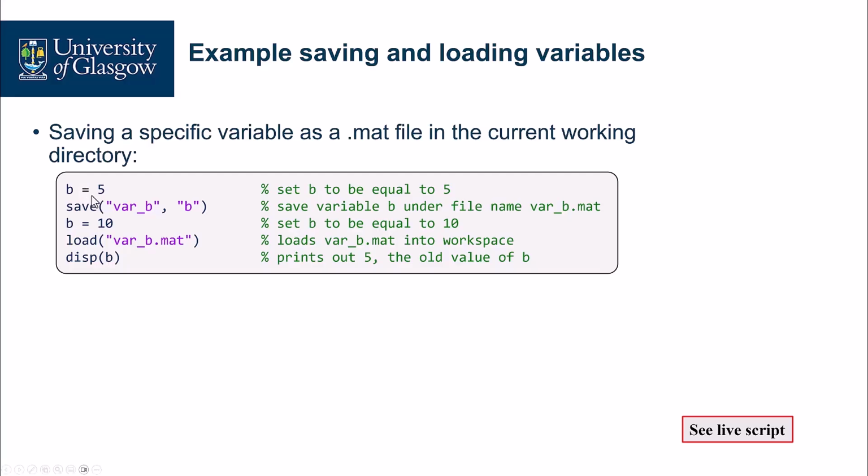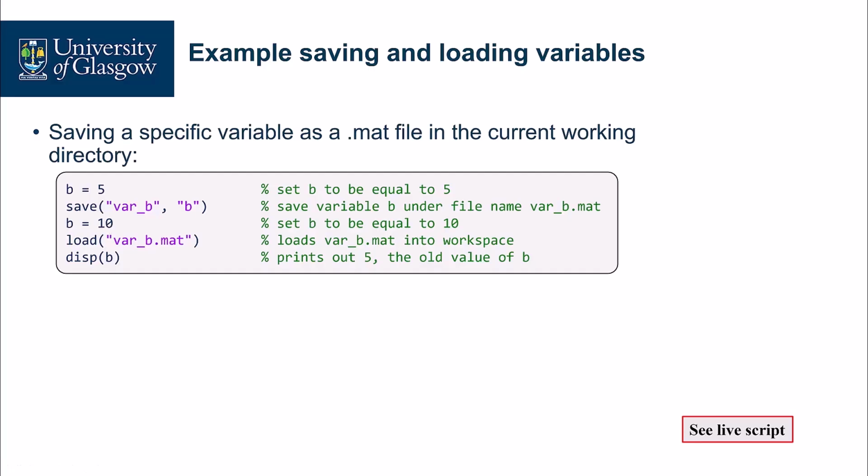First the value of b is 5. Then I saved it. So in this file var_b, the value of b is 5. Now in the command window, I update the value of b to 10. So in the workspace, what is the value of b now? 5 or 10?